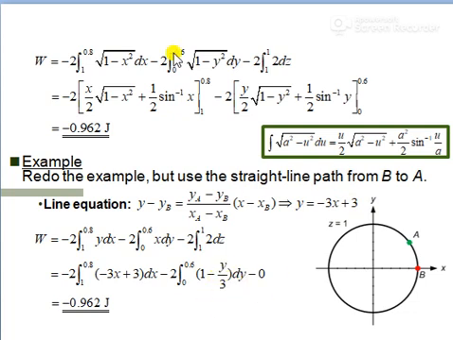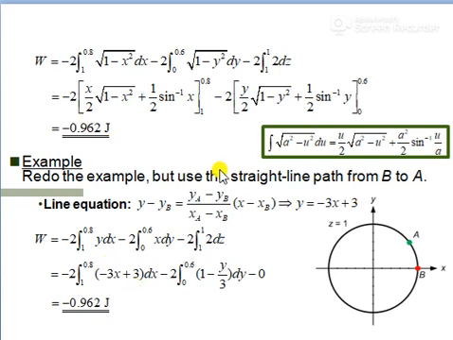That is the difference between this and this: one is given as a straight line and the other is given in the form of a short arc, right? So you need to develop the line equation and substitute the values of y and x using it, and you need to find the value, which will give the same work expended, that is minus 0.962 joules.